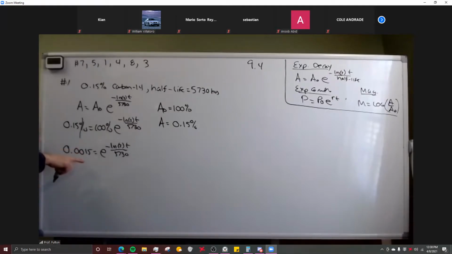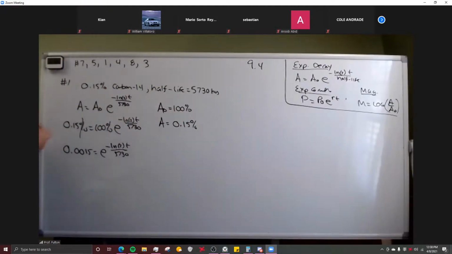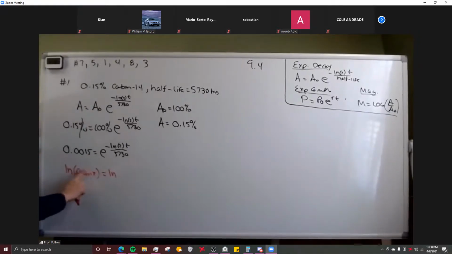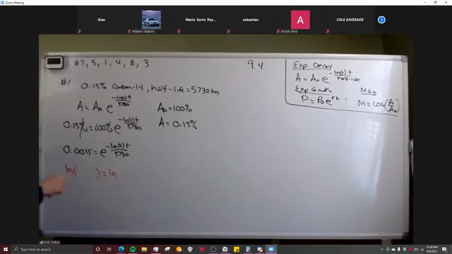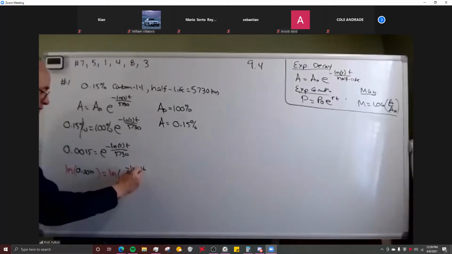Now what do I do? I need to get rid of this exponential, so I'm going to take the natural log of both sides. I'm solving an exponential equation like we did in the last section. I take the natural log of 0.0015 is equal to the natural log of e to the minus natural log of 2 times t over 5,730.